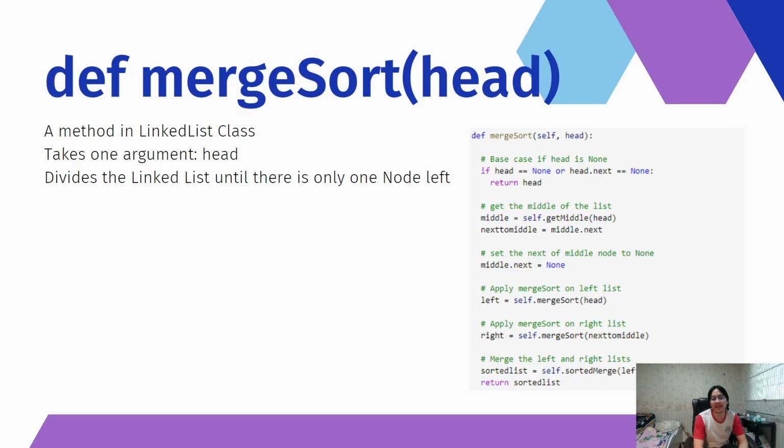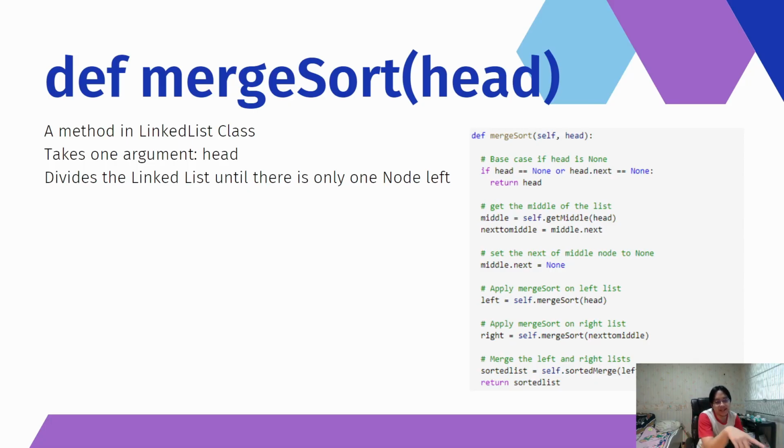Next, it sets the middle. It finds the middle by using the getMiddle function, which I will explain in the next slide. And then it sets the node next to the middle to middle.next. And then it cuts out the right part of the node of the linked list.